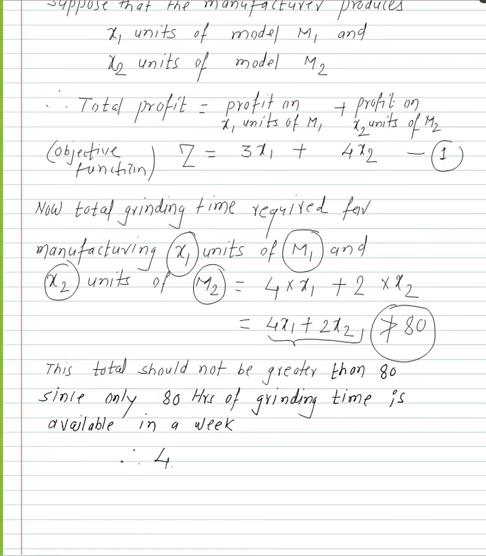Therefore, total grinding time 4x1 plus 2x2 should not be greater than 80. That is, total grinding time should be less than or equal to 80 hours. This is the first constraint, on grinding time.